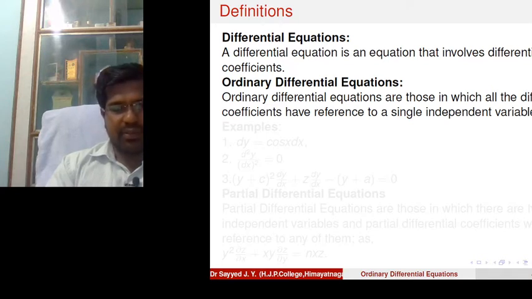Especially in the partial differential case, we have seen two or more independent variables. A differential equation where only one independent variable is there, like dy by dx or f of x is equal to dy by dx, is called an ordinary differential equation. These are the examples.